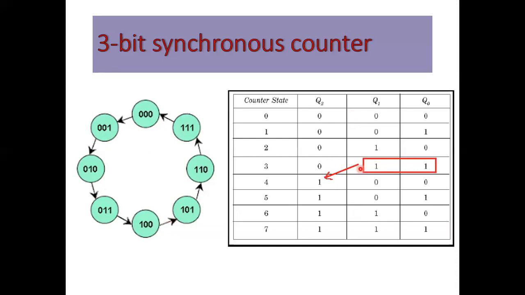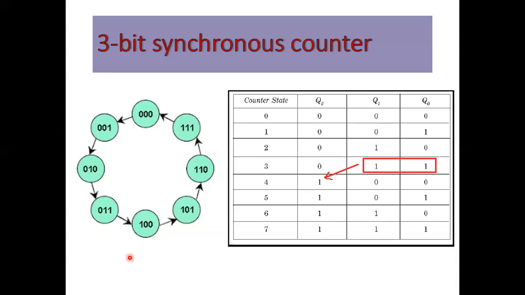In the synchronous counter, all the flip-flops get the clock at the same time, isn't it? Here this is my LSB flip-flop, this is the next flip-flop, and this is the MSB flip-flop.